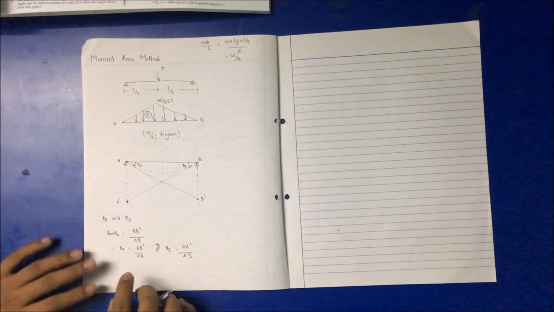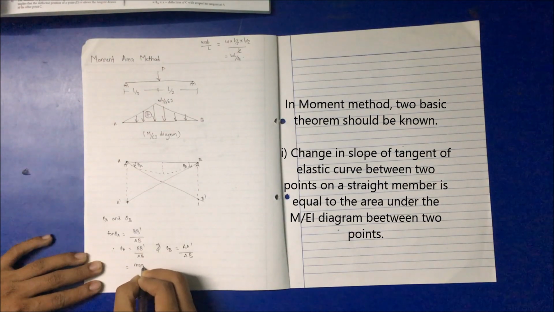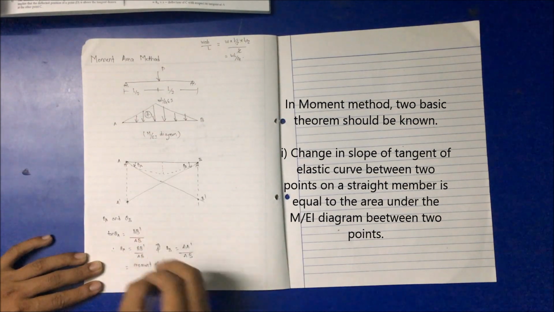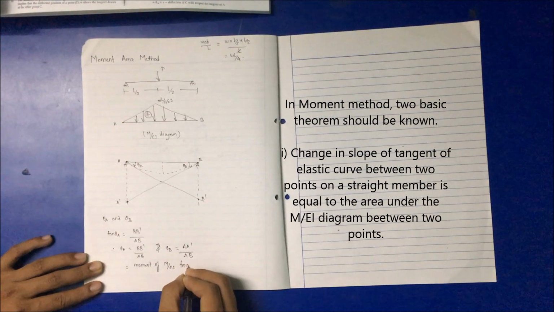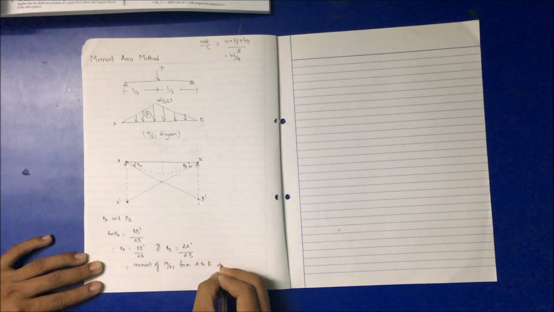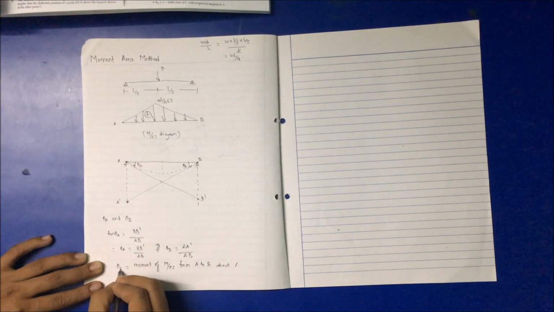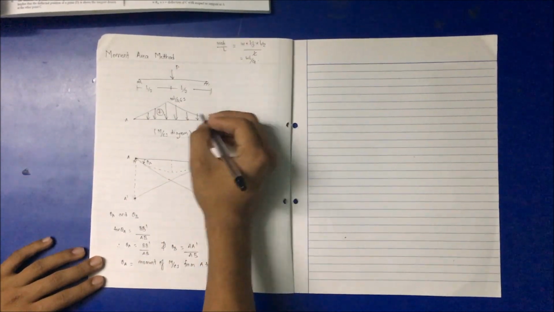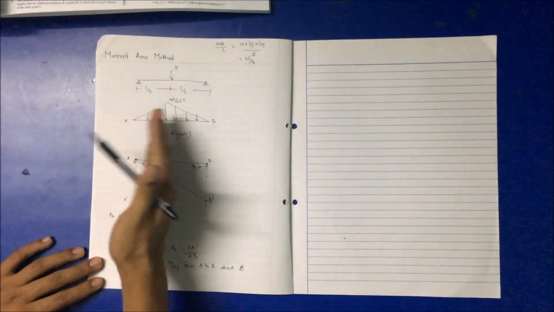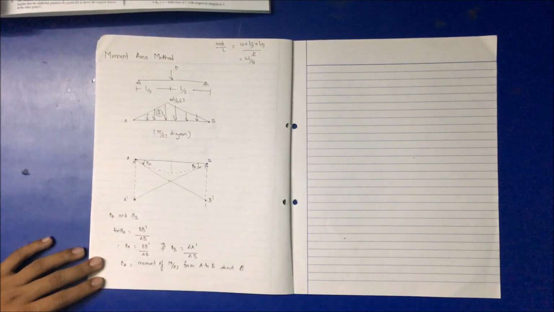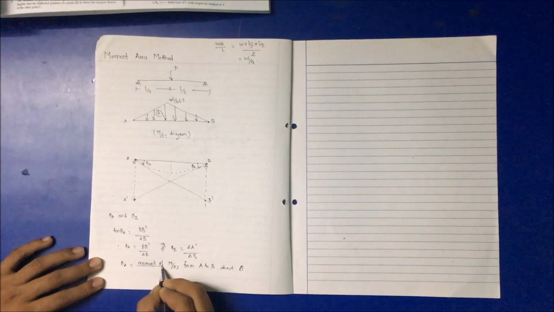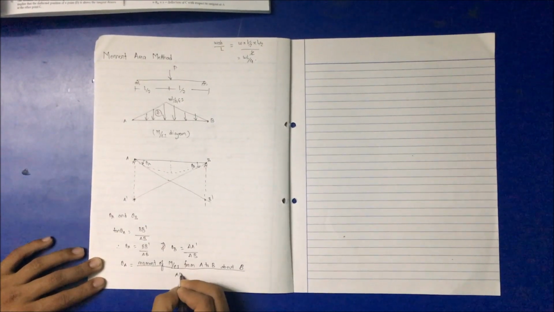Considering BB dash, I am writing in language form: the moment of the M by EI diagram from A to B, taking moment about B. So in the M by EI diagram we take the moment from A to B about B, then theta A, that is BB dash over AB, will be calculated, with AB as usual the span.